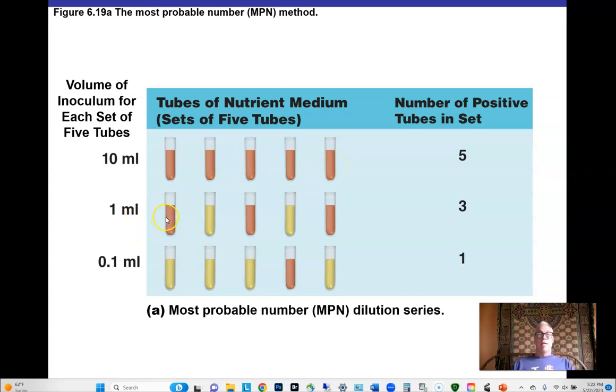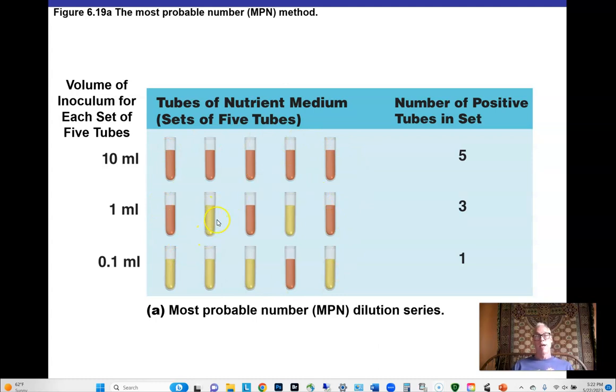You might also take a bunch of tubes with 9 mils in them and add 1 mil of our water sample, and we might take another set of tubes with 10 mils and add 0.1 mils of our water sample, and then count how many tubes have positive cultures in the morning.